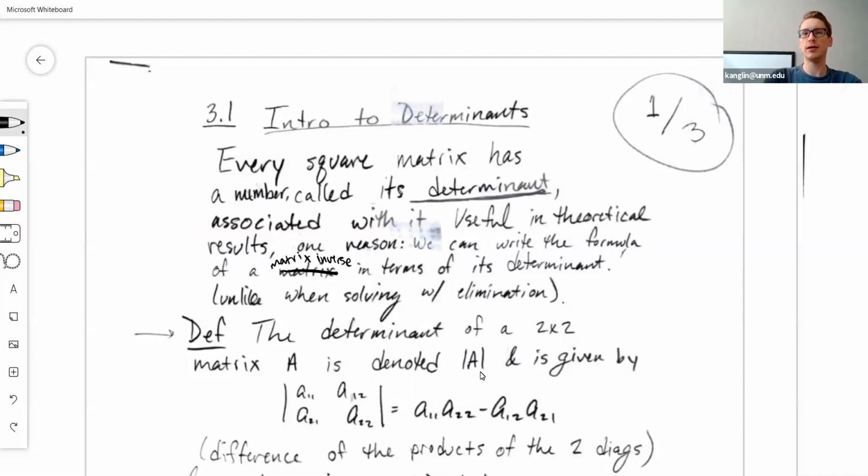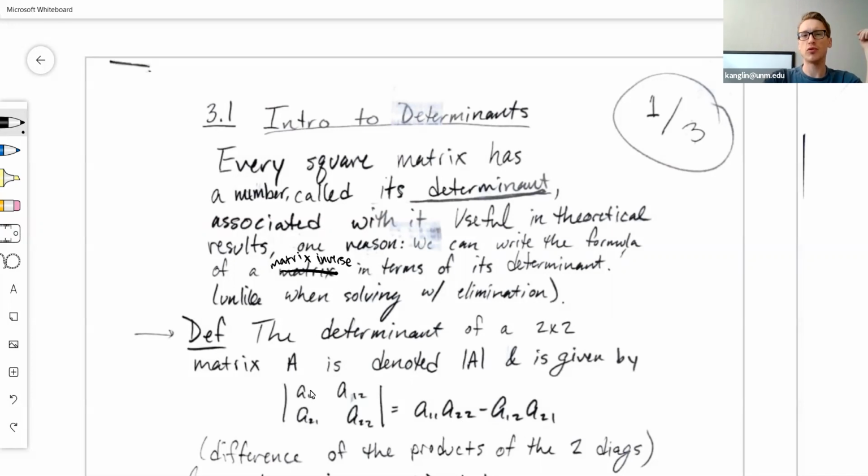That means determinant of A. If matrix A has components A11, A12, A21, A22, that's how we labeled the elements of A, then the determinant is A11 times A22 minus A12 times A21.